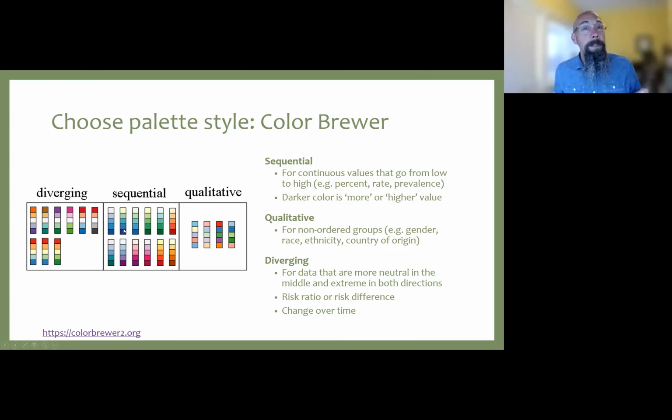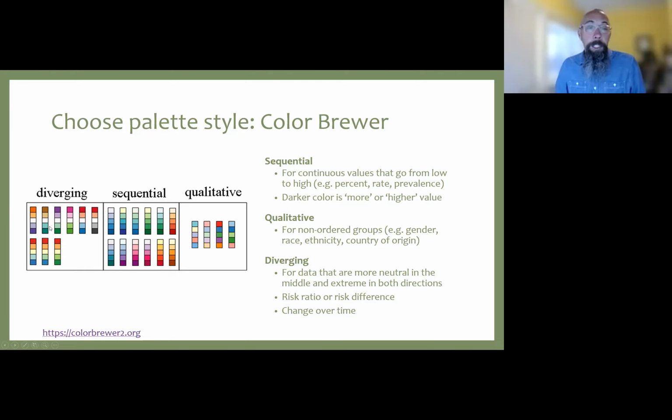And so what that's doing is it's communicating something about the intensity, value, or magnitude of a number. And cognitively, we know this from studying how people interpret color. People tend to think that the darker colors are carrying higher values, lighter colors are carrying lower values. So we just naturally see value range, numeric value range when we see color like that. So it works great if that's what you have. Say a rate, it goes from a small number to a large number.